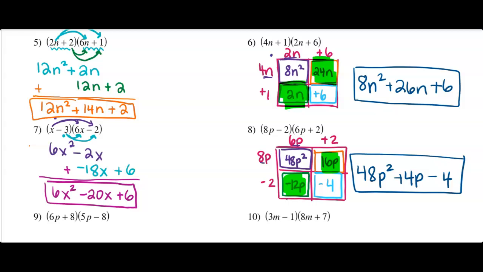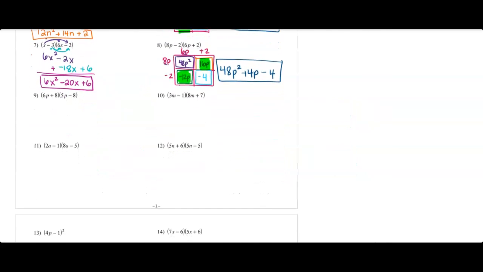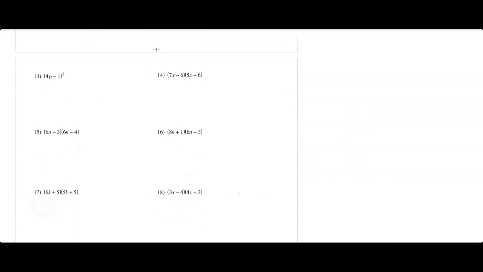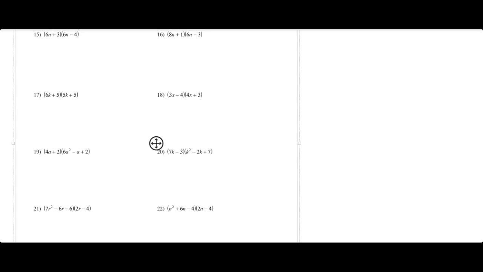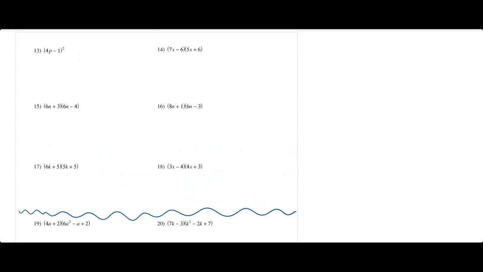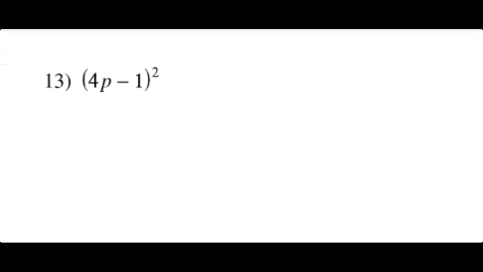So your practice for the rest of the day is going to be to finish this worksheet. There are some challenge problems down at the bottom, 19 through 23, where they're a little bit larger. And so those 19 through 23 will be extra credit. I do want to say one word about number 13. 4p minus 1 squared.